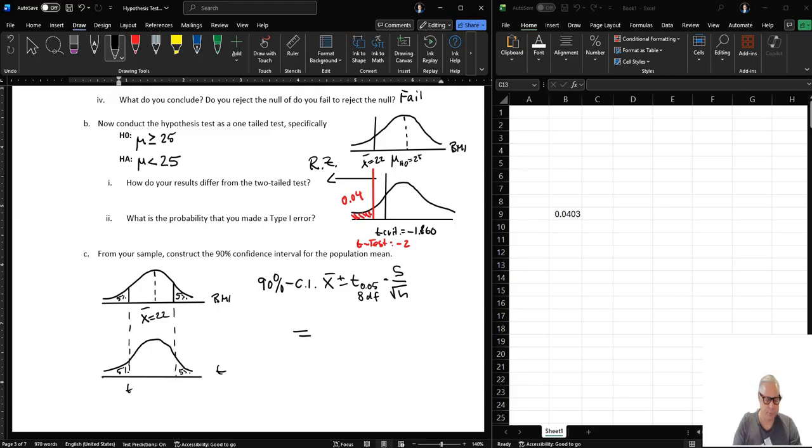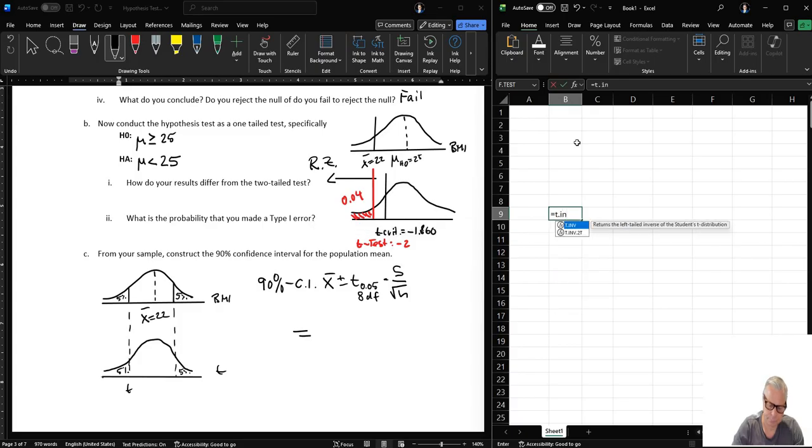So in this case we use the formula T.INV, open parentheses, 0.05, how many degrees of freedom? 8.